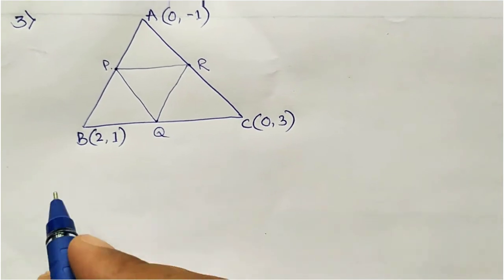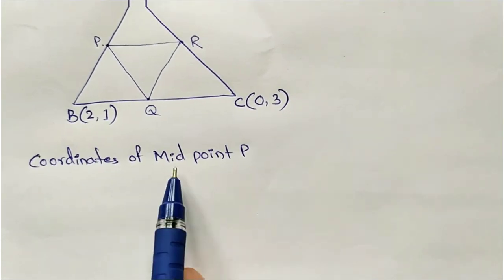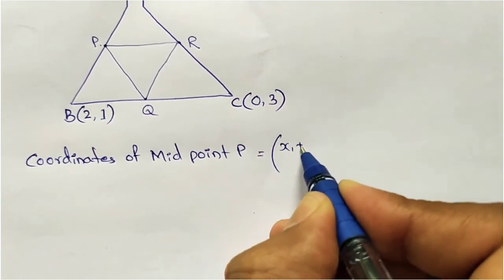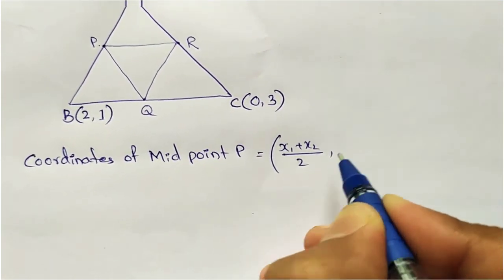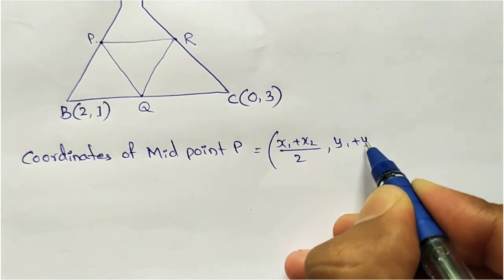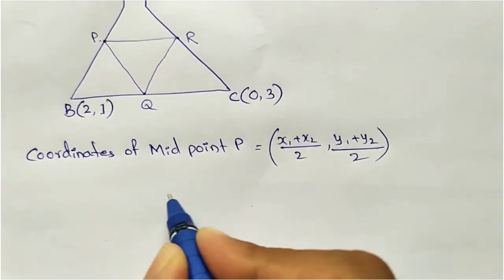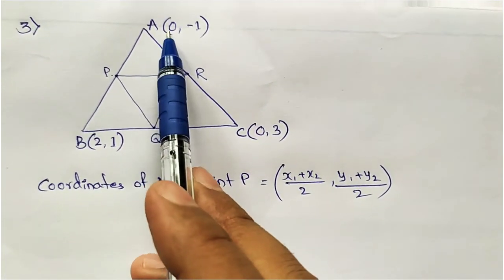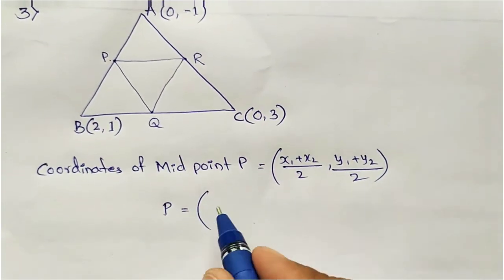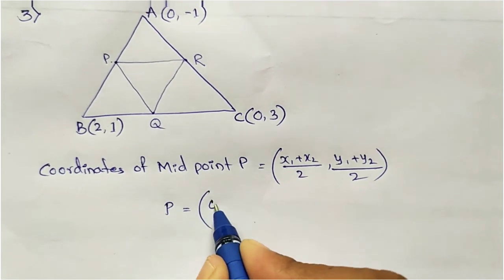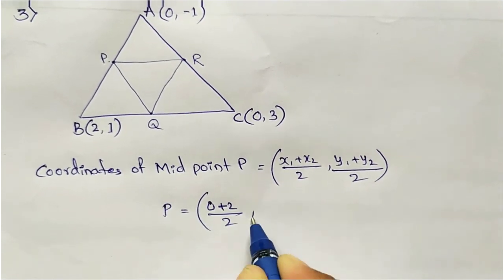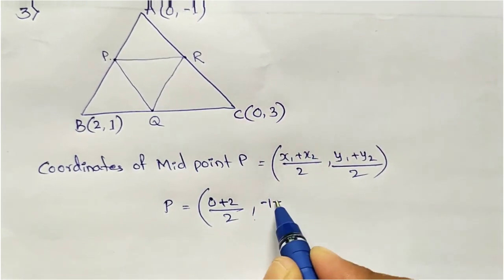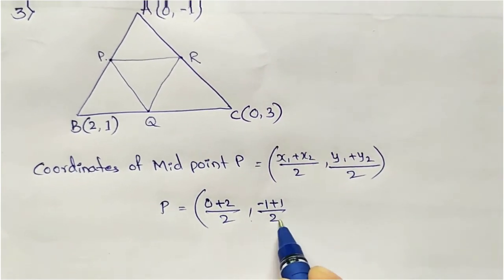For that, for the coordinates of midpoint P we use the midpoint formula, that is x1 plus x2 divided by 2, y1 plus y2 divided by 2. So P equal to x1 is 0 plus x2 as 2, so 0 plus 2 divided by 2, y1 will be minus 1 and y2 will be plus 1 divided by 2.